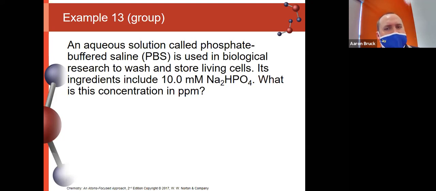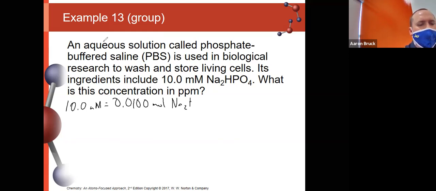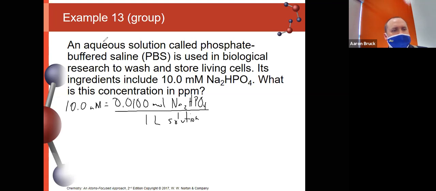So once again, we have to understand our definitions here. 10.0 millimolar would be 0.0100 moles of our phosphate in 1 liter of our solution. Since this is an aqueous solution, we're essentially reversing the process of the previous example.